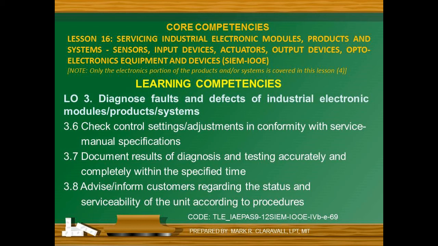Learning outcome number 3.7, document results of diagnosis and testing accurately and completely within the specified time. Learning outcome number 3.8, advise/inform customers regarding the status and serviceability of the unit according to procedures.